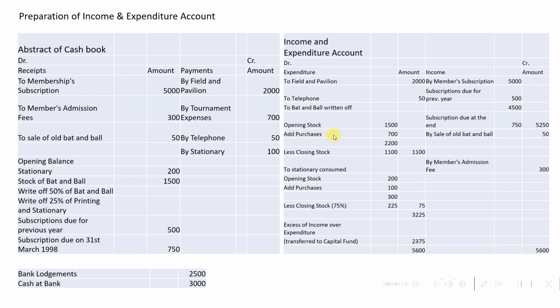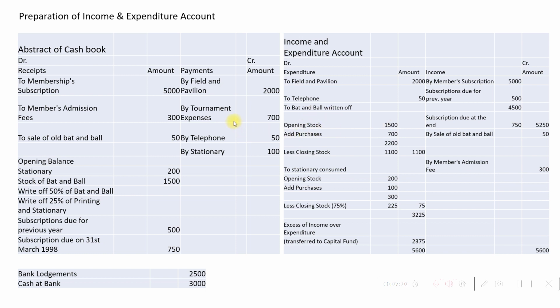So that is part of the bat and ball written off, where we have an opening balance for bat and ball of 1,500, which is recorded as a debit entry, opening stock.